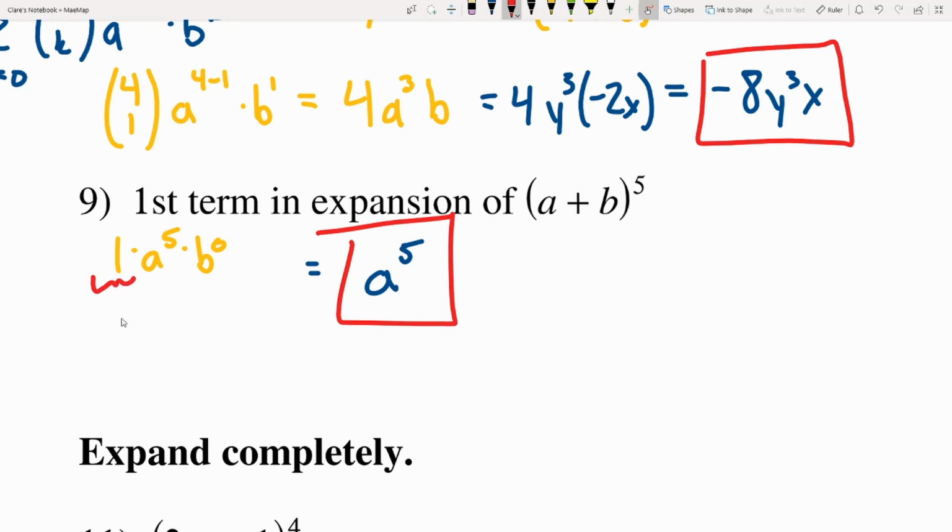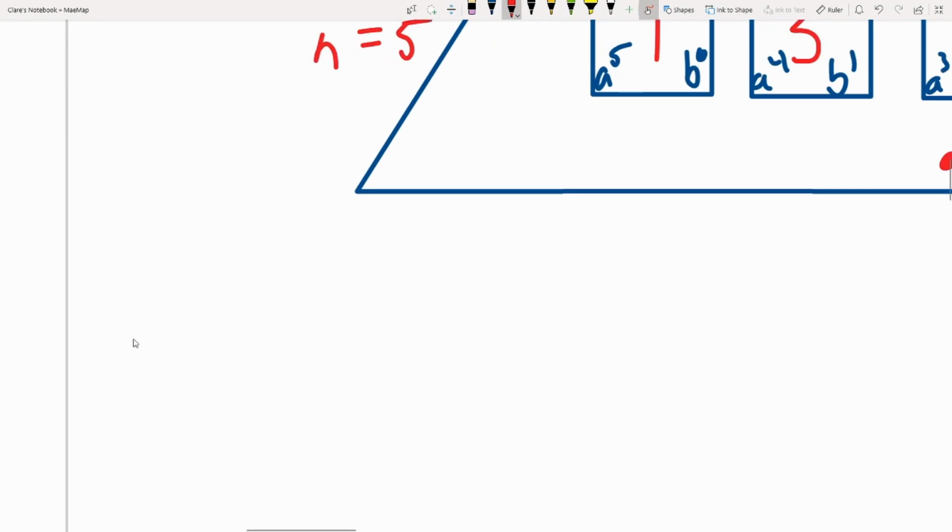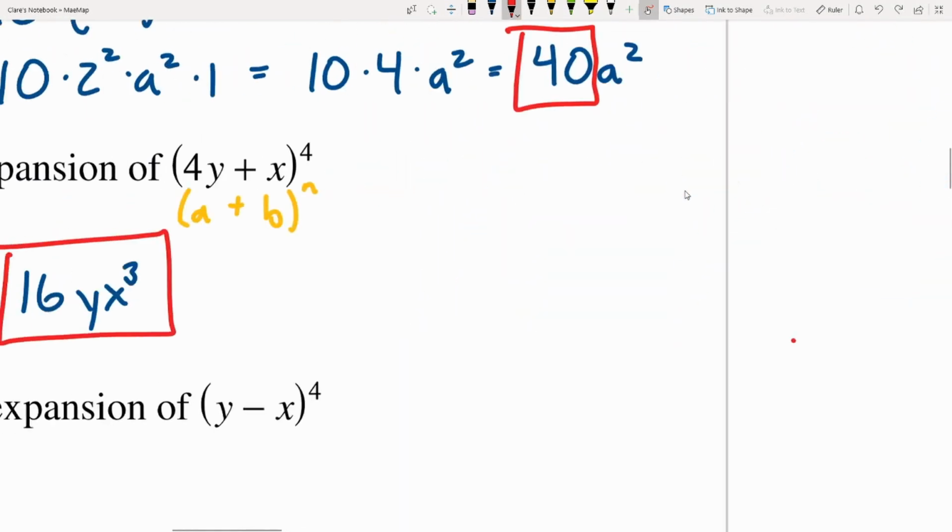This 1 was our n choose k. So n was 5, so that's 5 choose 0. A to the 5th times b to the 0. So again, that n choose k is what helps us get those numbers within our Pascal's triangle.